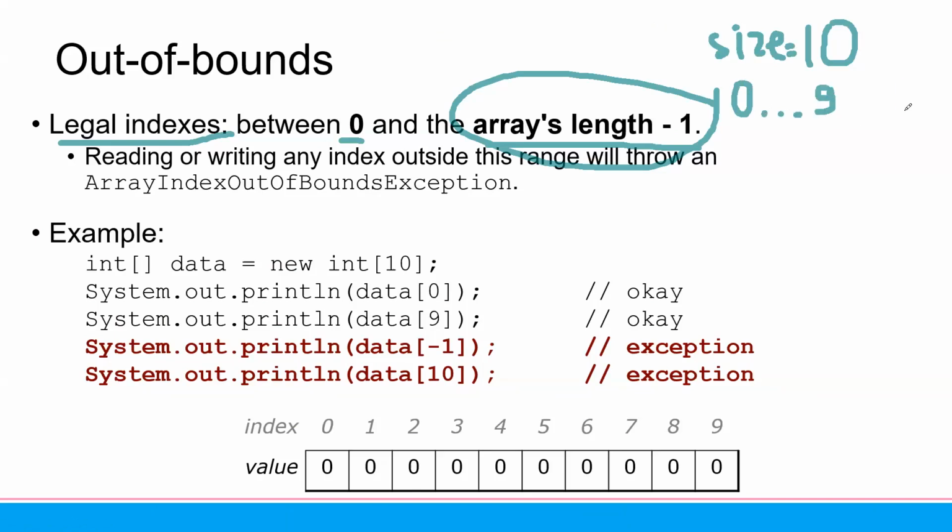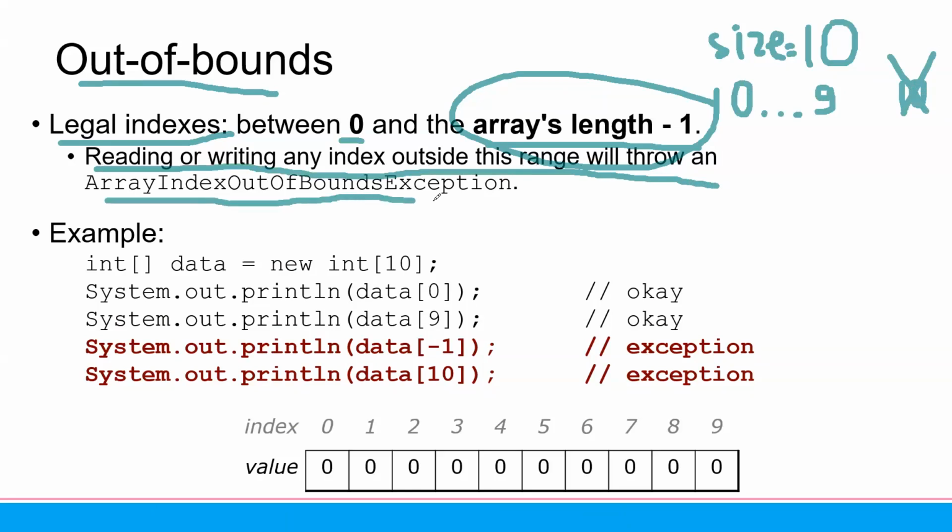If you write index 10, then it will be error, or we call it out of bounds. Reading or writing any index outside this range will throw an array index out of bounds exception.